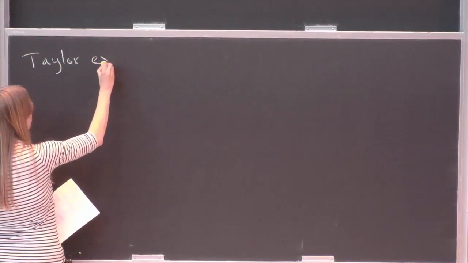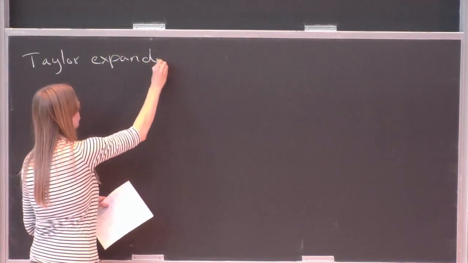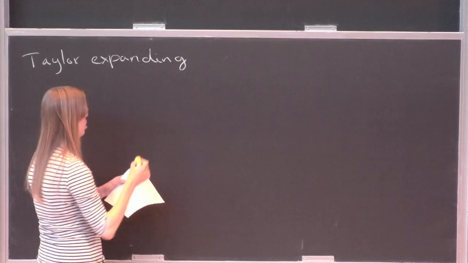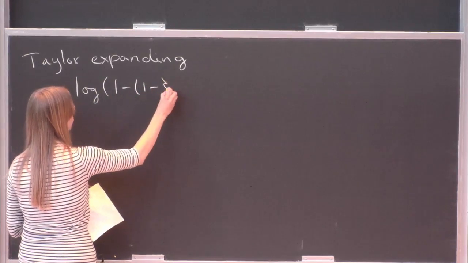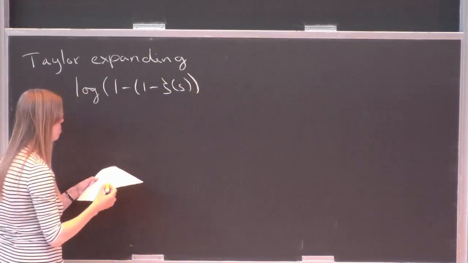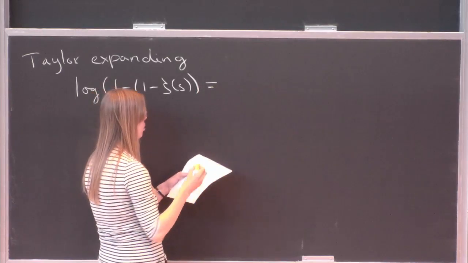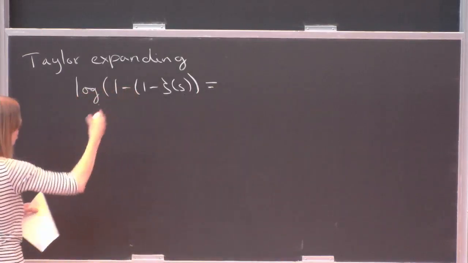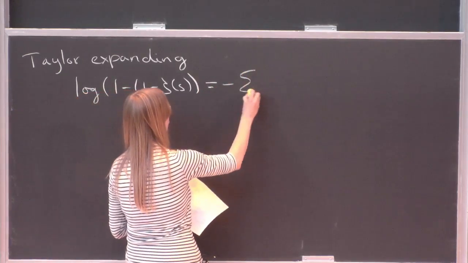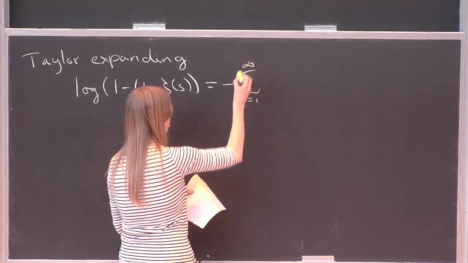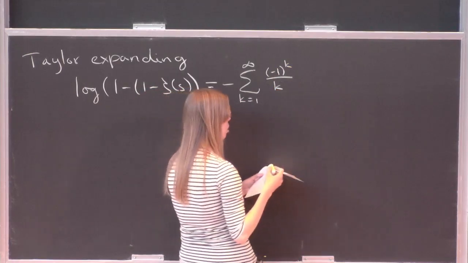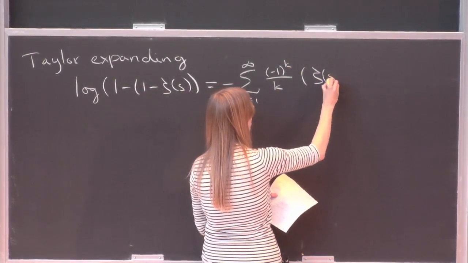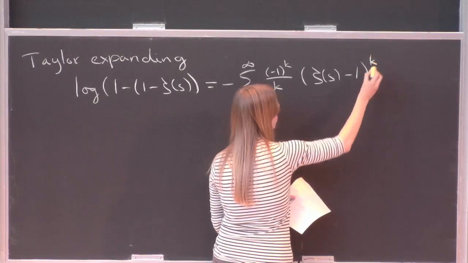In particular, let me point out that we can expand log of 1 minus (1 minus zeta), using the Taylor expansion of log(1 - y). We can write this as the sum over k from 1 to infinity of (-1)^k over k times (zeta(s) - 1)^k.